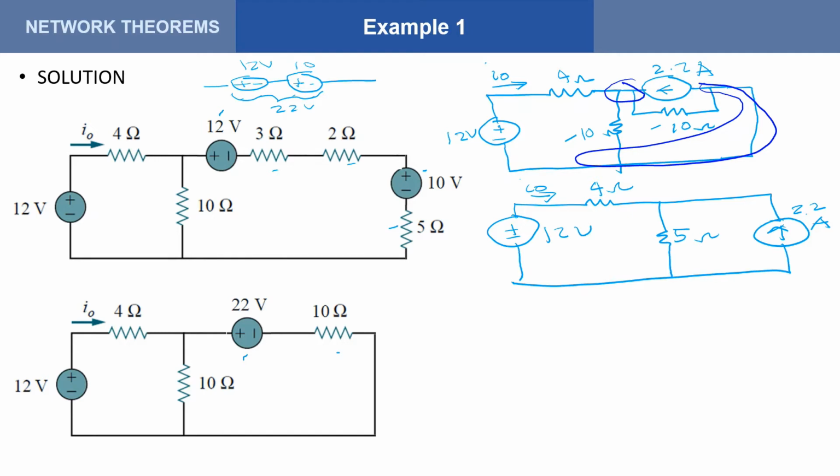Now we have a resistance in parallel with a current source, so therefore we can again convert that into a voltage source. So that will give us something like this.